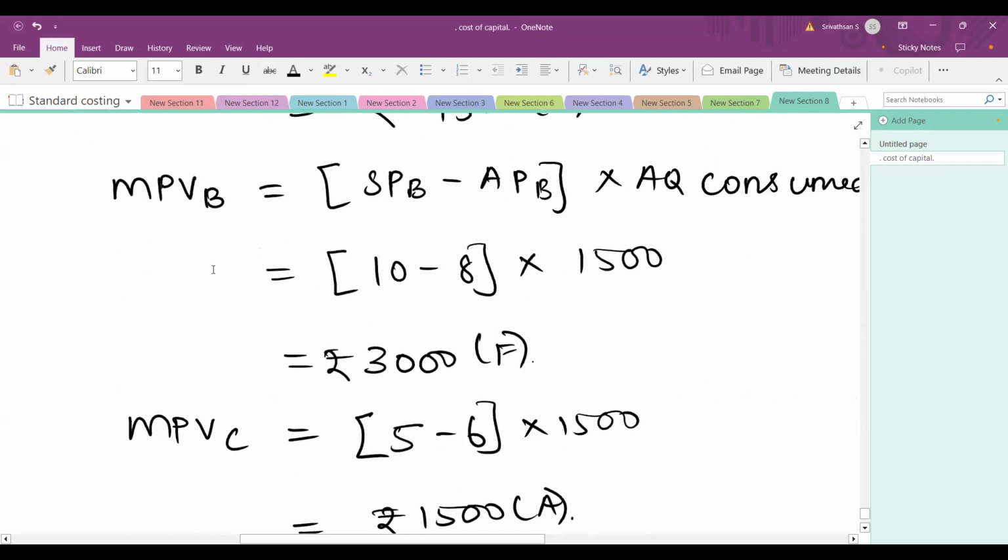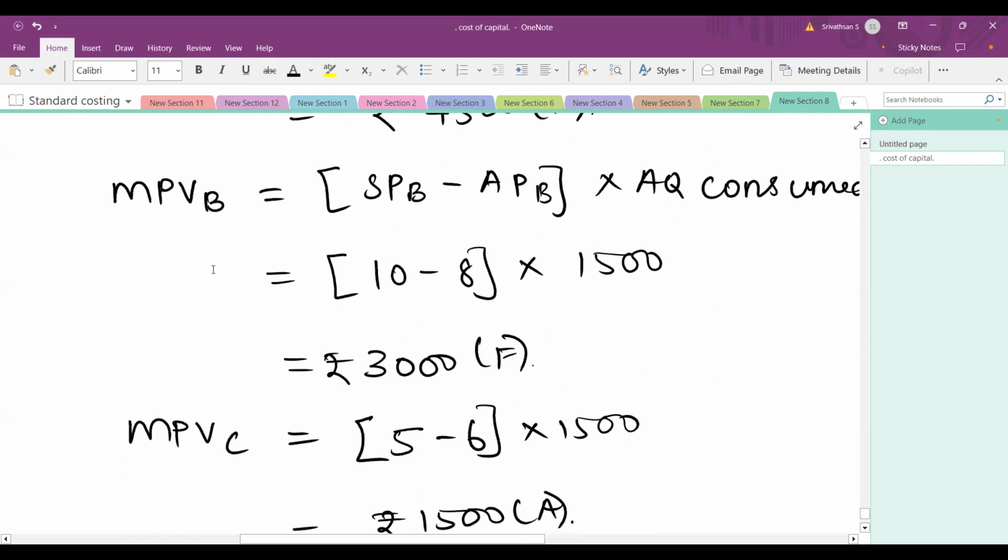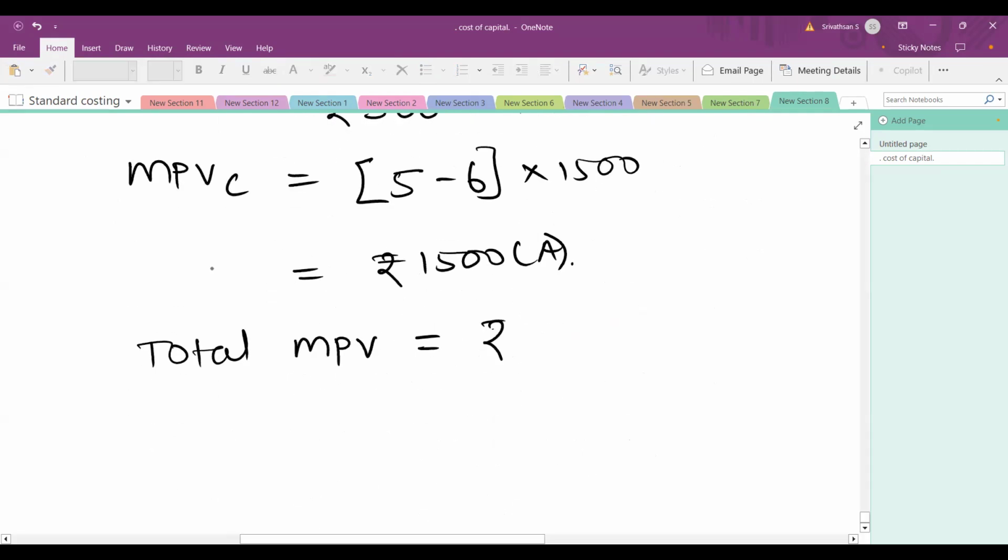So when we add everything, it is negative 4,500 plus positive 3,000 and negative 1,500. We get rupees 3,000 adverse.